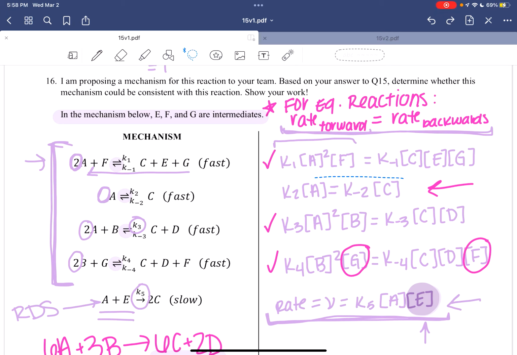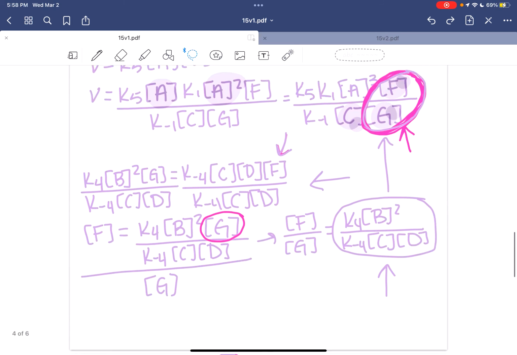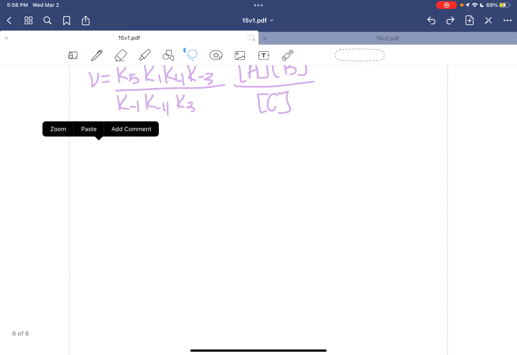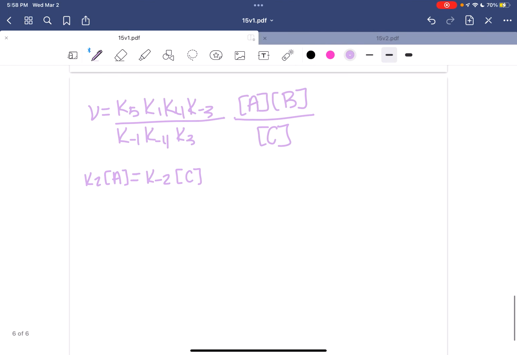So if I go and copy this, we now are, just like we have been, going to solve for this C here so that we can plug in that whole equation for the last remaining product in our rate law and hopefully find a rate law that matches the one that we know to be correct from problem 15.